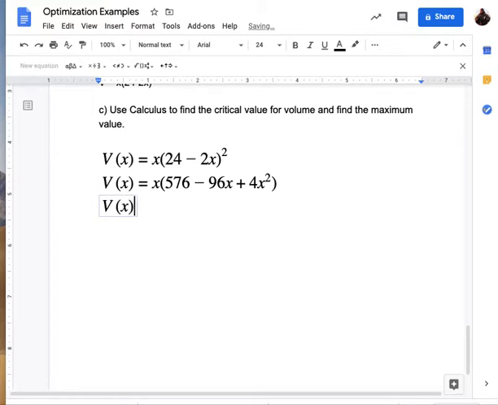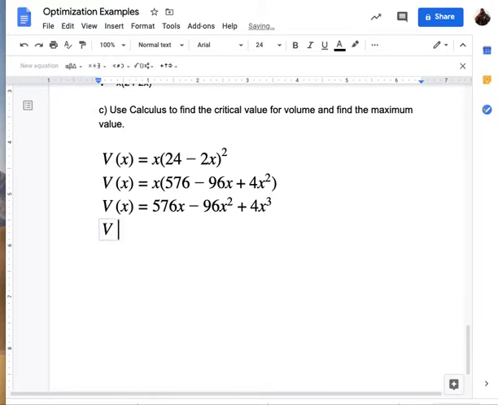V of x is equal to 576x, distributing the x, minus 96x squared plus 4x cubed. And that gives us a very simple power rule derivative.